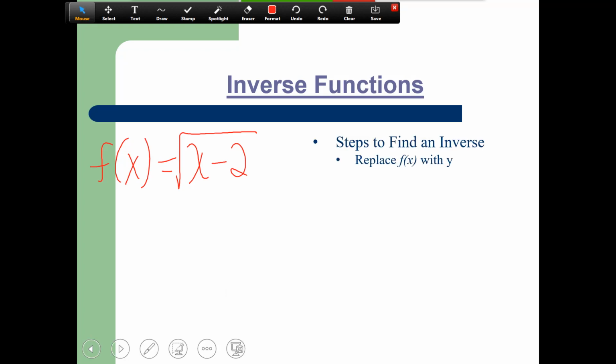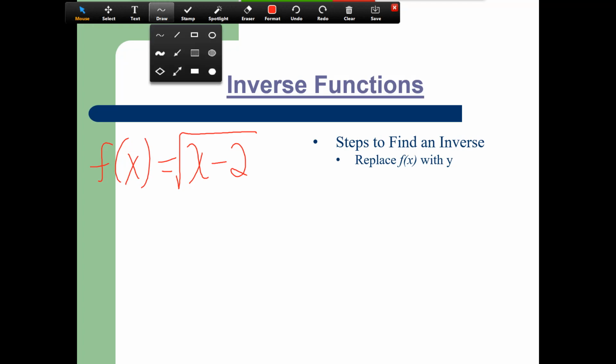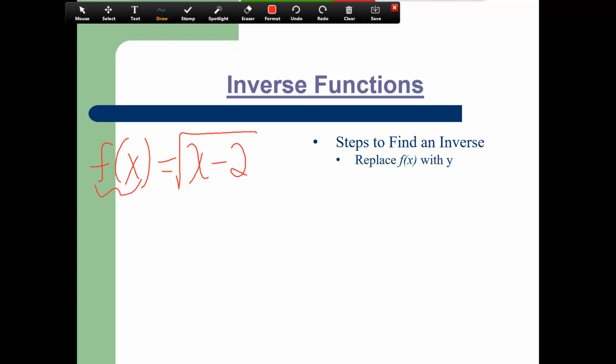The first thing we're going to do is replace the f of x with a y. The only reason why we do this is to make our algebra a little easier. There's no need to really do this, but it will make our algebra a little easier. So we're going to go ahead and replace this with a y.